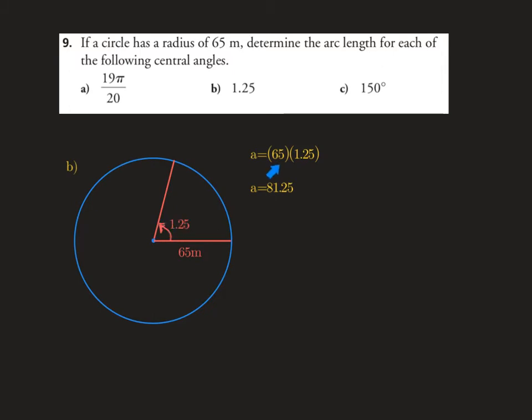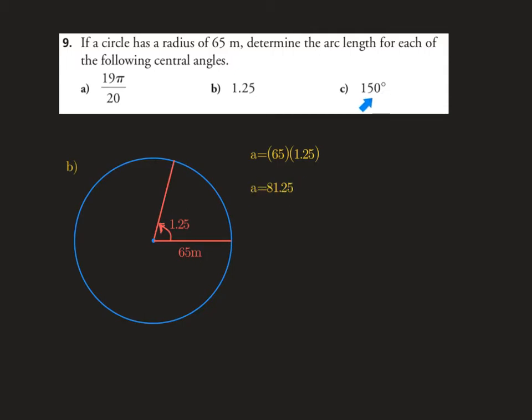So you just do 65 times 1.25, 81.25 exactly. So this is 81.25 meters. And if you look at this length right here, 65 meters would bring you to about here, and yeah, that looks like about 81.25. So that feels good. Let's try part C.